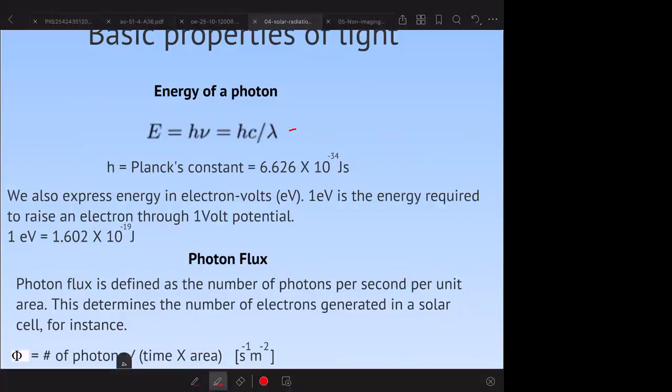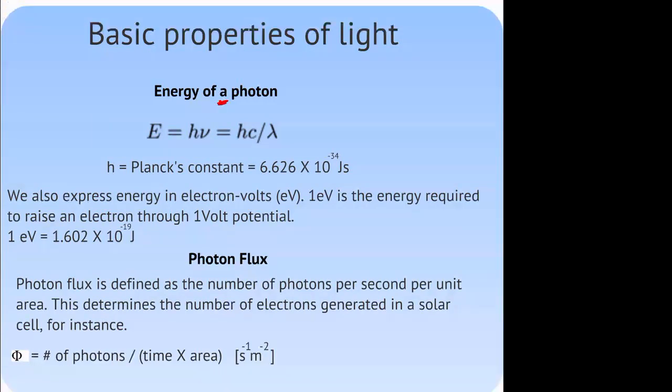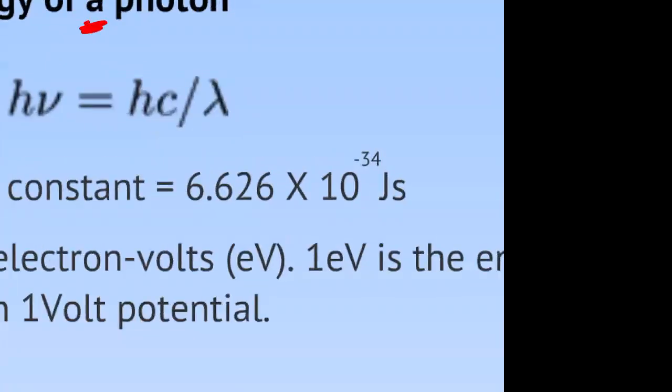So this is the energy of one photon, keep in mind. And this is Planck's constant. The key thing to keep in mind is that it's a very small number, 10 to the minus 34, and the units, let's also keep in mind, are joules times seconds.